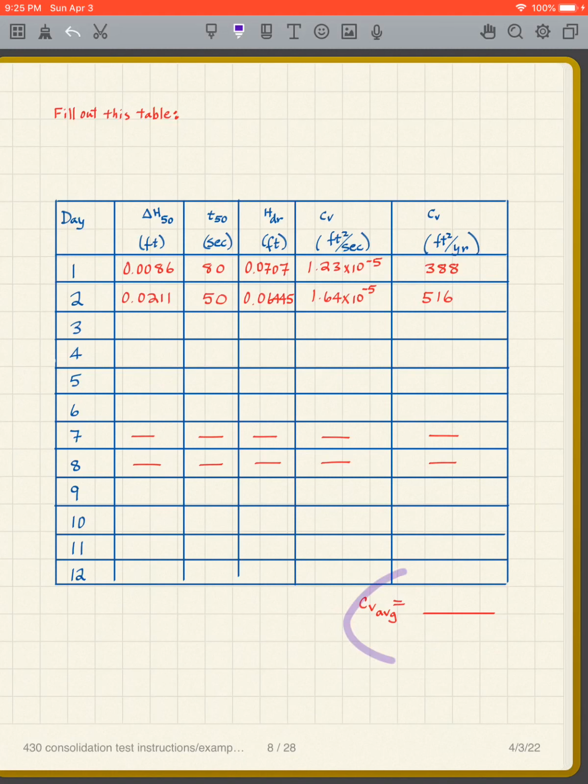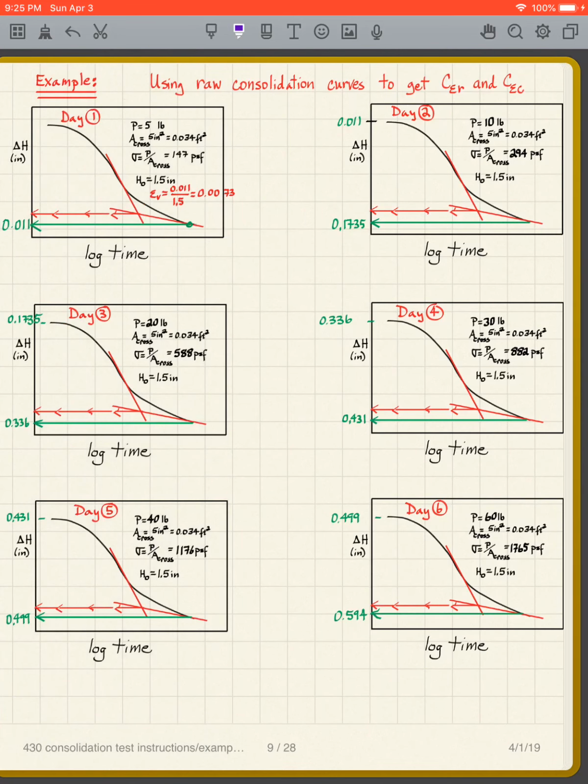Okay, so that's how to get the C sub V values. Now, how do we use the raw consolidation curves to get C-epsilon-r and C-epsilon-c? Now I had to create new fake data for you because to show you how to do this, I have to show a complete set of 12 days.